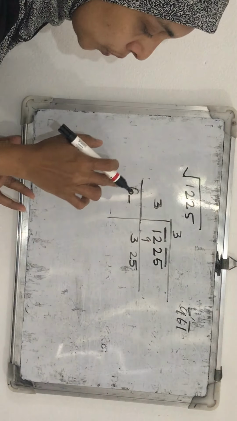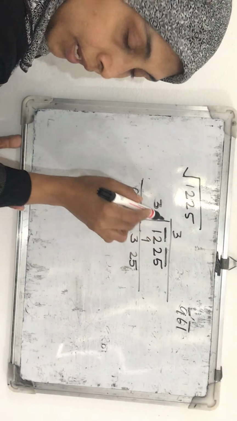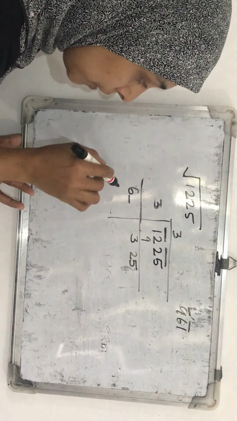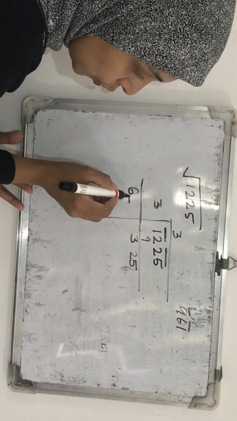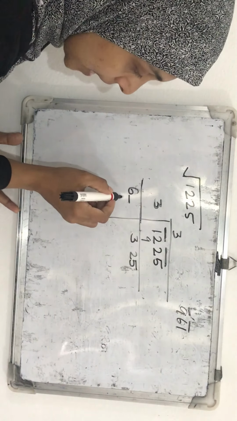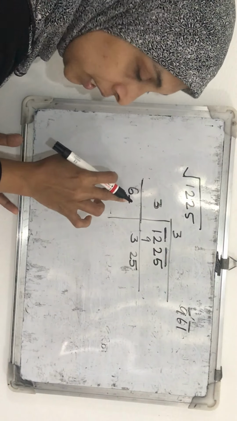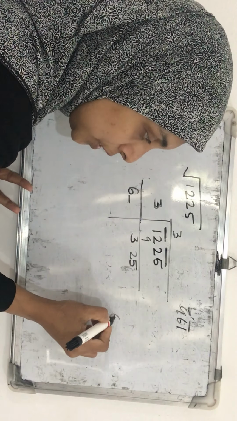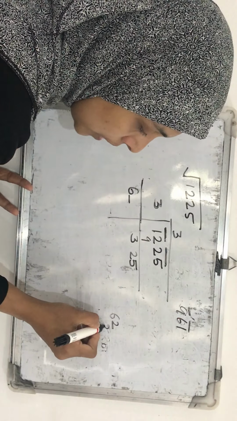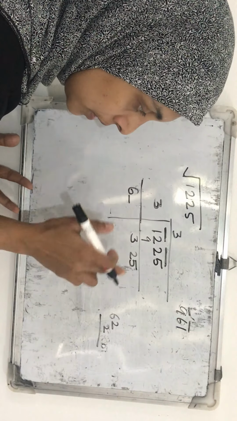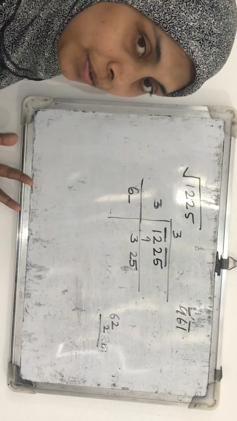After that we write the double of this number 3, that is 6, we got. Then we want to find the largest possible digit to fill this blank, such that if I write here 2, then the number will be 62. And if I multiply that 62 with the same number 2, we want to get this number or just below it. Clear?